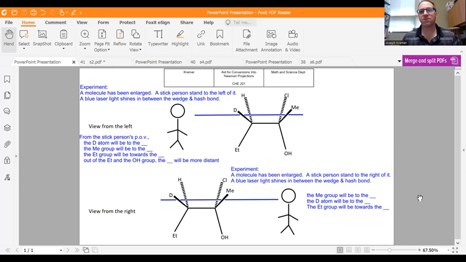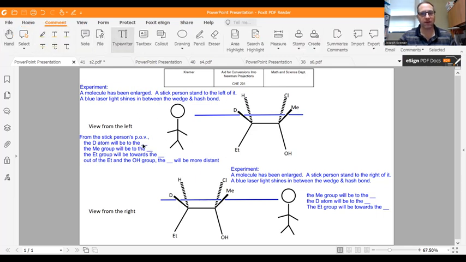From the stick person's point of view, is the deuterium atom, the D, more to the left or more to the right? If I take my glasses off and put my face flush to the side of the screen from that point of view, because a wedge projects as it does, what do you think the answer is going to be? I will let you know that it's going to be to the right. The deuterium atom is to the right.